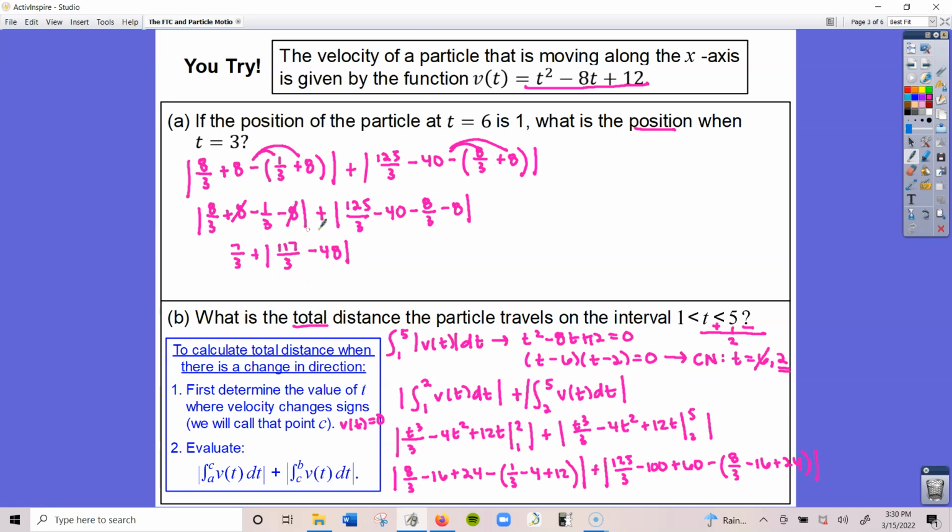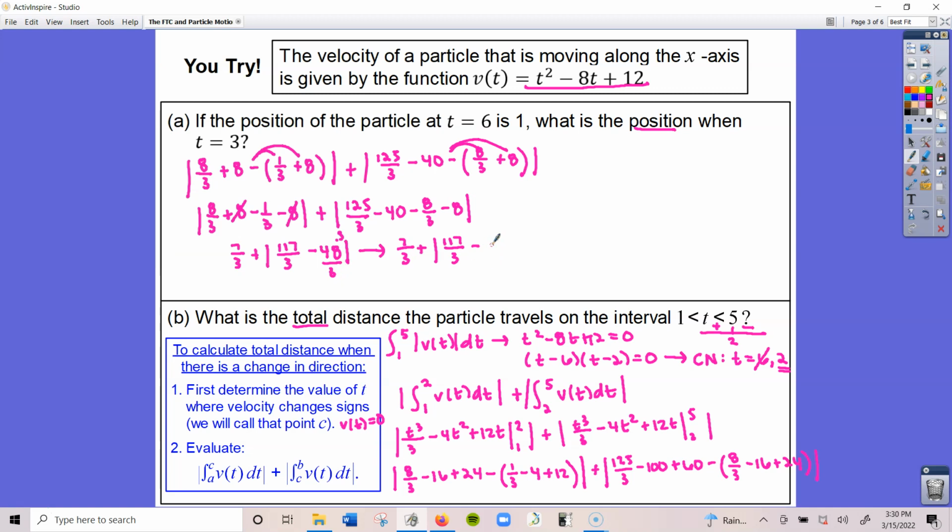We're going to actually get what this value is, so I'm going to rewrite 48 with a denominator of 3. So this is 7 over 3 plus 117 over 3 minus, now if I put this over 3, I'd have to multiply this by 3.